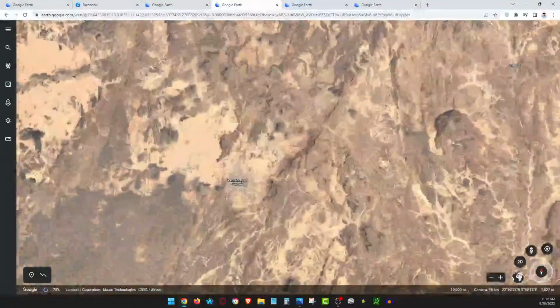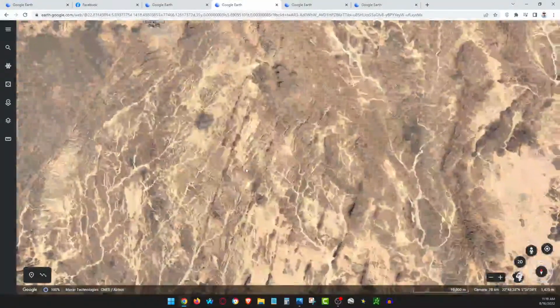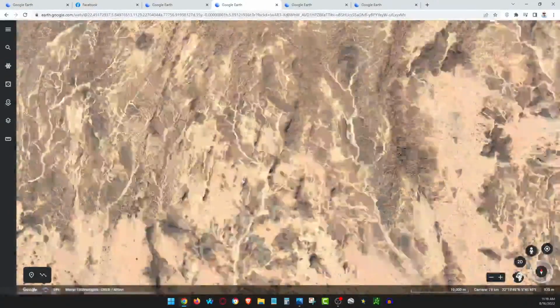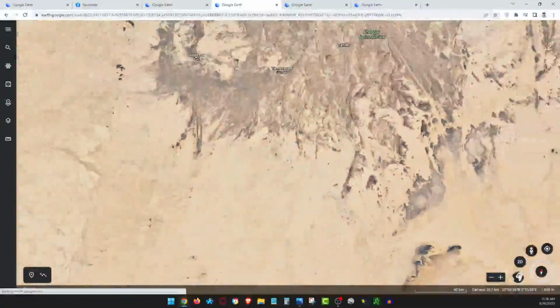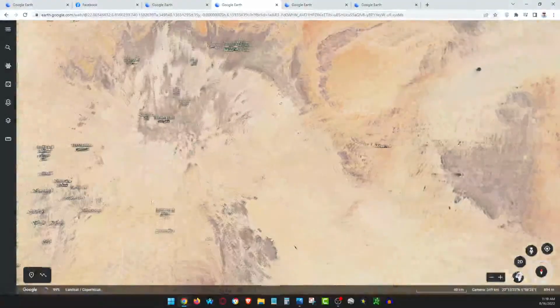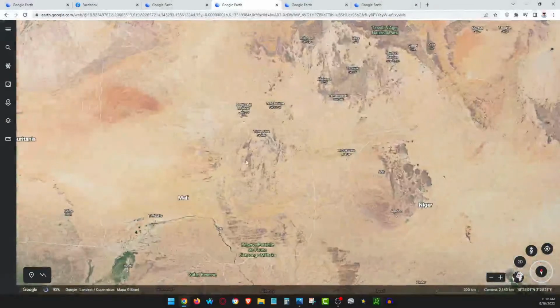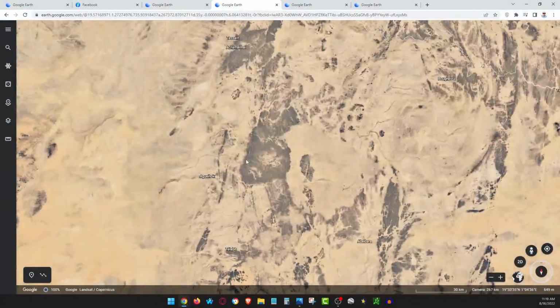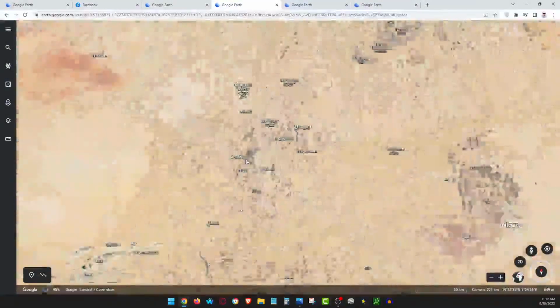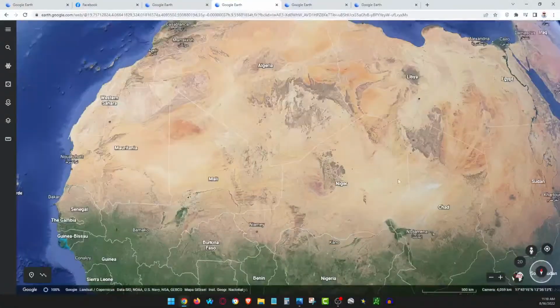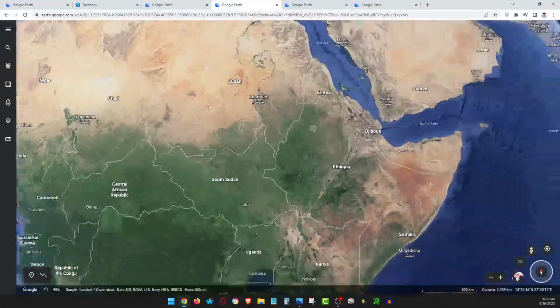I don't know how friendly they are to foreigners. But right down here, you can see these mountains that have been added. And those mountains seem to correlate with the ones down below. Wait, we're here? Lots of stuff going on. So yeah, if it was a bed, the mountains could have been added later.